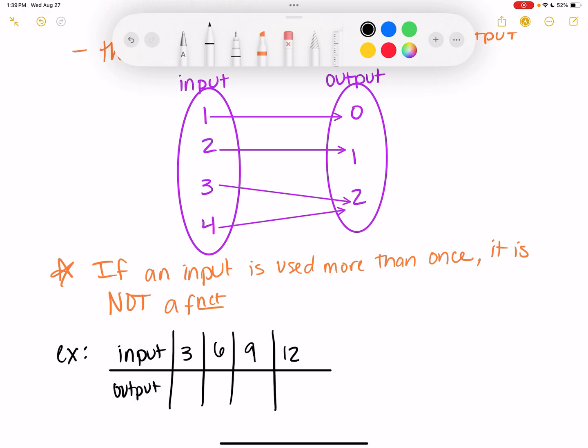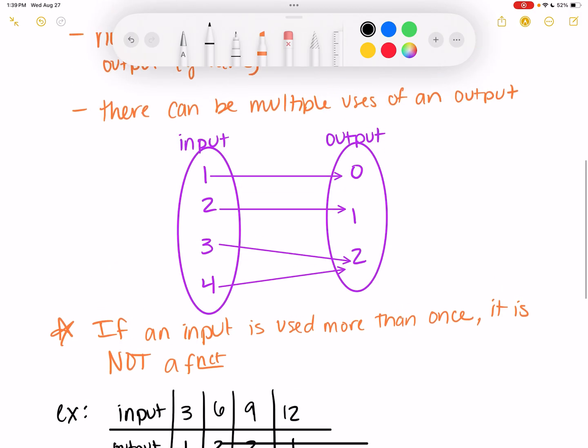And then my output values are 1, 2, 2, and 1. So are any of my input values repeated on this one?